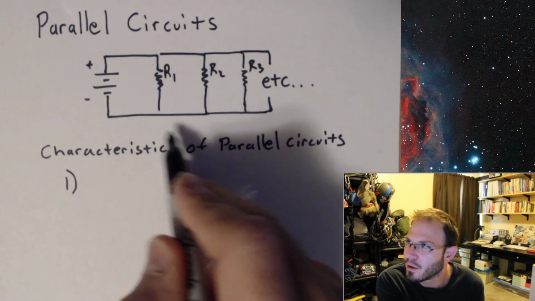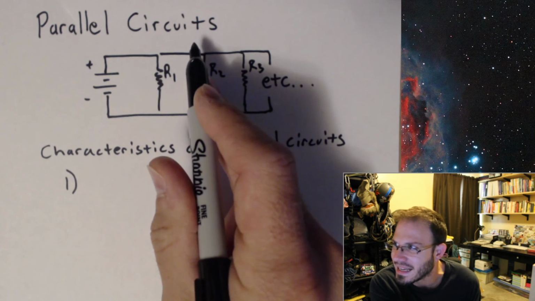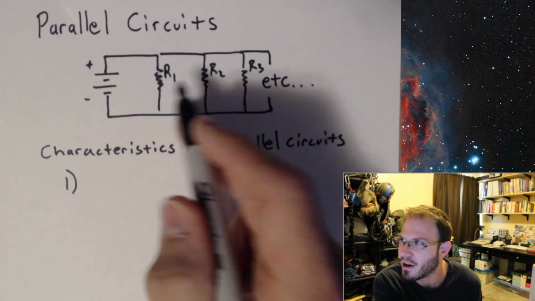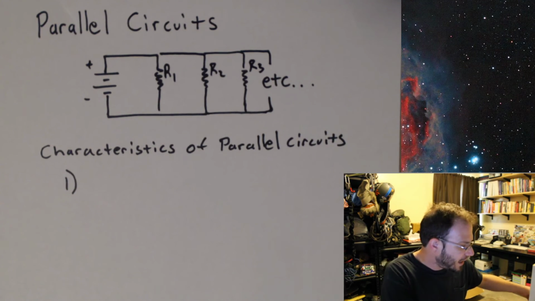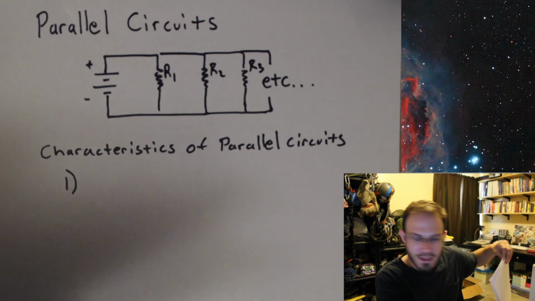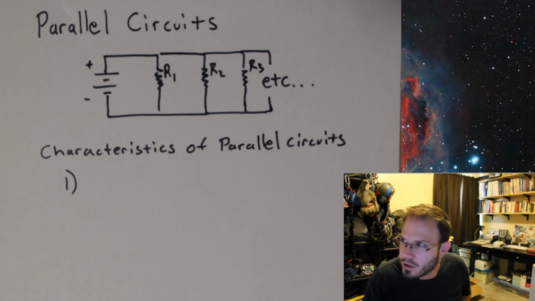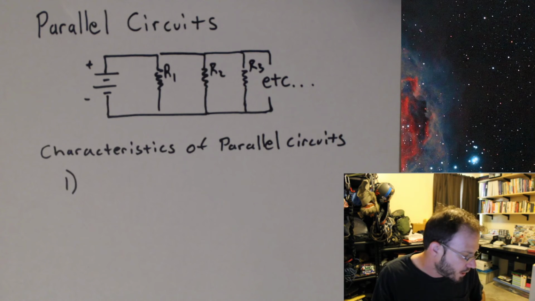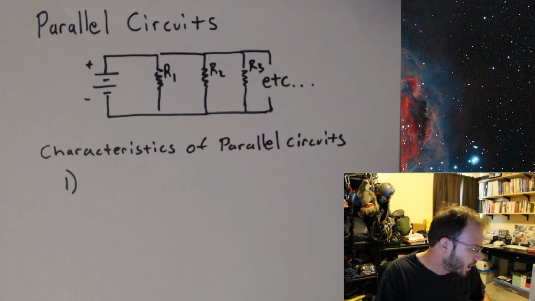Look at this side, look at this side. If the two are connected together, 100%, they're in parallel. Now of course we can get a little more specific than that. So let's go ahead and list these characteristics. There's only two that we really need to remember, and even one of those is the most important one.